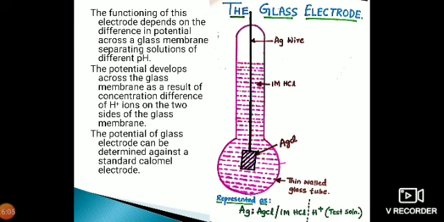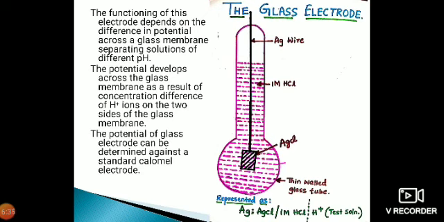The last one among the reference electrodes is the glass electrode. The functioning of this electrode depends on the difference in potential across a glass membrane separating solutions of different pH. It consists of a glass tube having a thin-walled bulb at the lower end. The bulb contains 1 molar HCl solution.